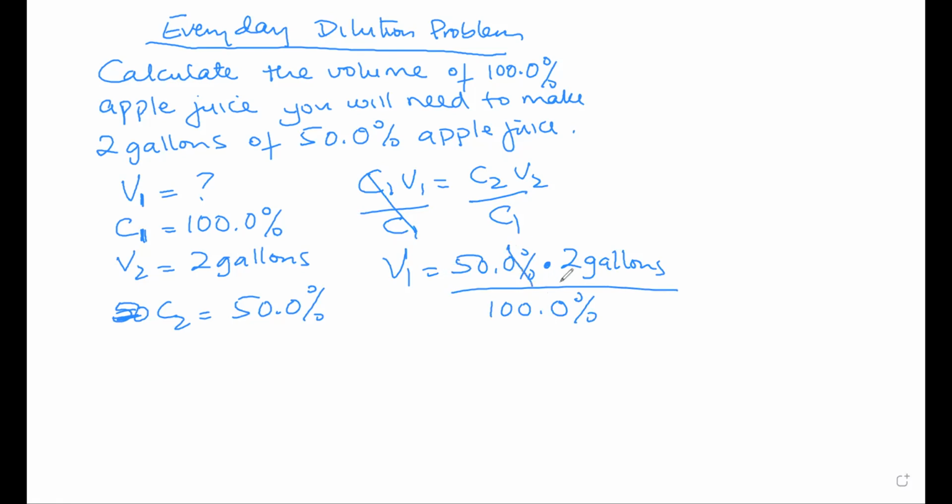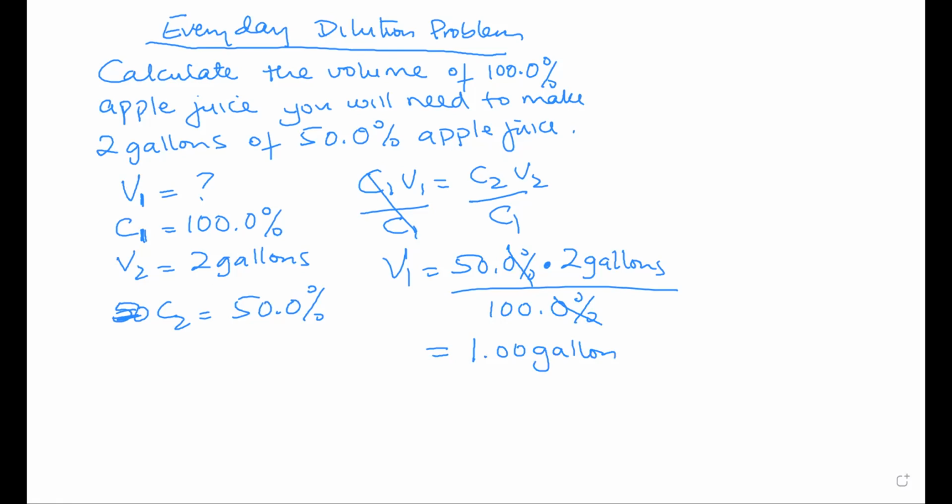So this will cross out, and we end up with 1 gallon. So I'll take 1 gallon of 100% to make 50% apple juice. That's an everyday application.